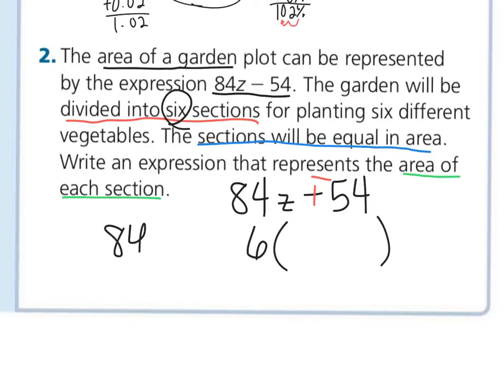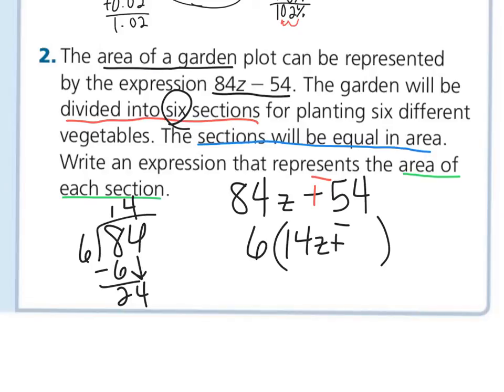So 84 divided by 6 is 14. In other words, 6 times 14z would have given us 84z. And then 54 divided by 6, we might know that one would be 9.